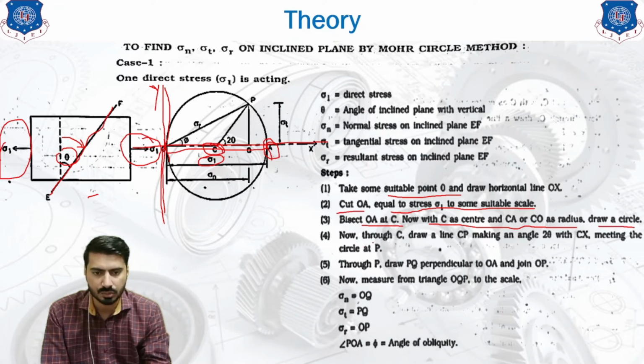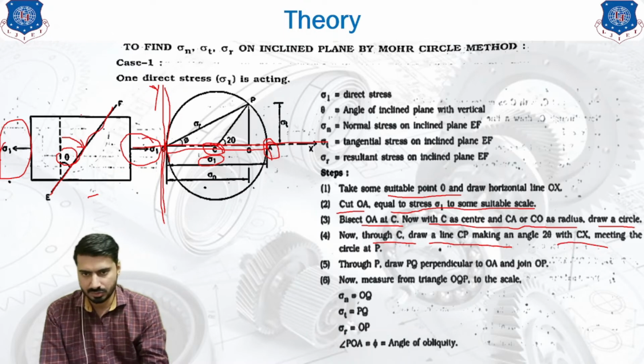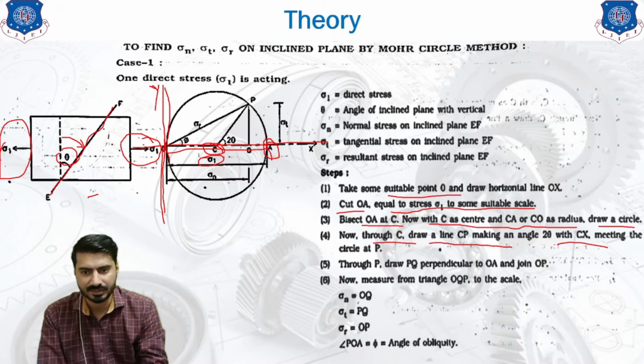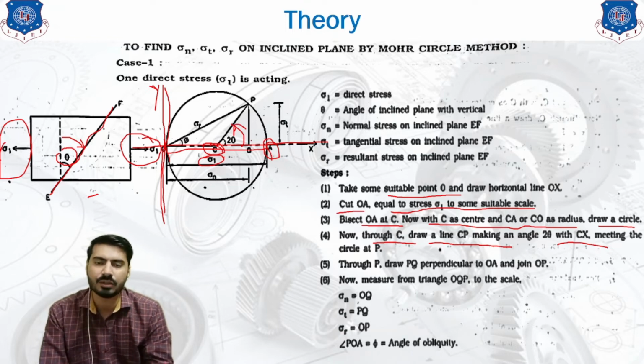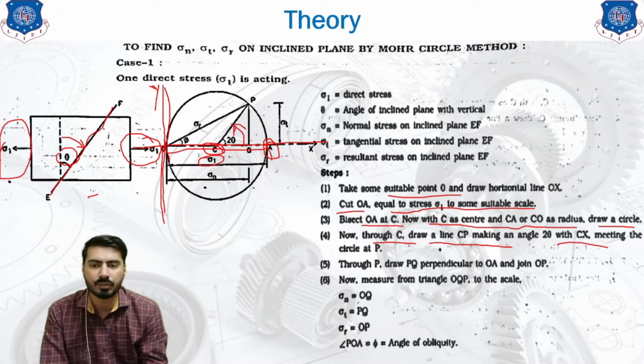Through point C, draw a line CP making an angle 2 theta with CX. So we have taken the 2 theta angle with the CX line. As you can see, we have taken the angle above the CX line, as per our sign convention. At the 2 theta angle we have represented the CP line.